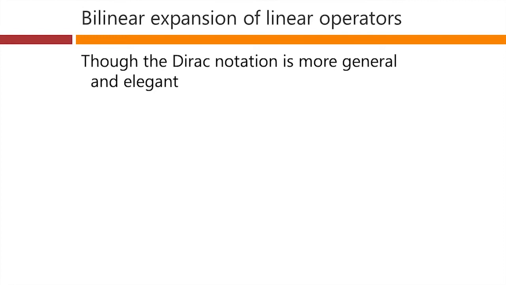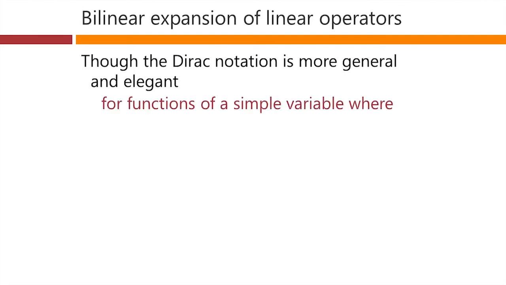Now, that was in the Dirac notation, and that is more general and elegant, but we should also point out that we can do the same thing in the function notation where we're writing something out as a function of a variable such as x. So in that case, we might have that g of x is equal to the integral of some operator A operating on f of x, and we have to use a different integration variable in here, of course.